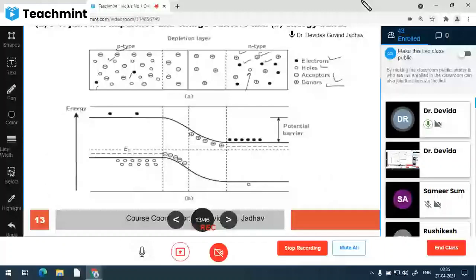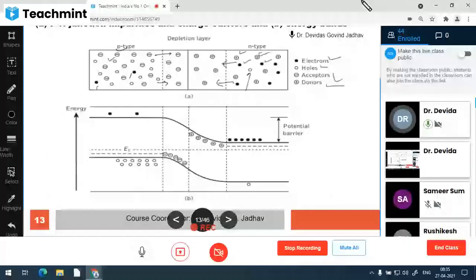When the junction is formed, holes from p-type and electrons from n-type neutralize the material on either side of the junction. This process continues until these electrons cannot cross, and these holes also cannot cross this depletion layer.